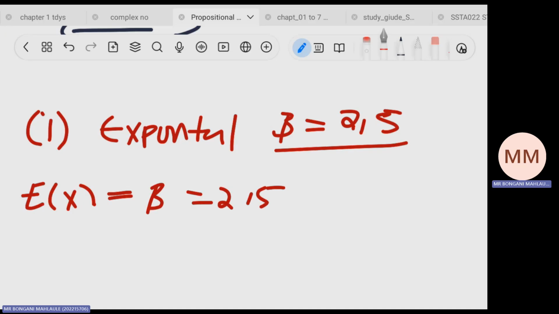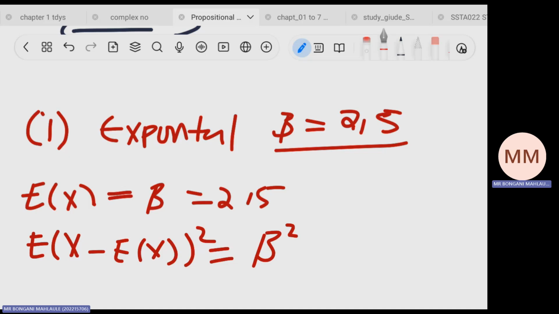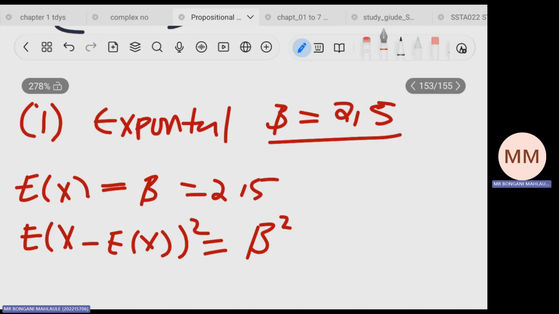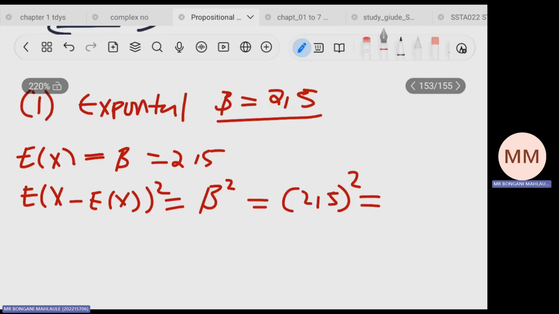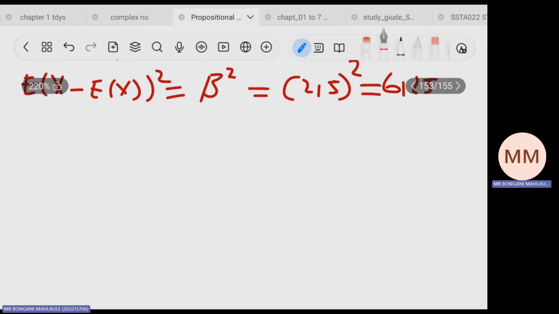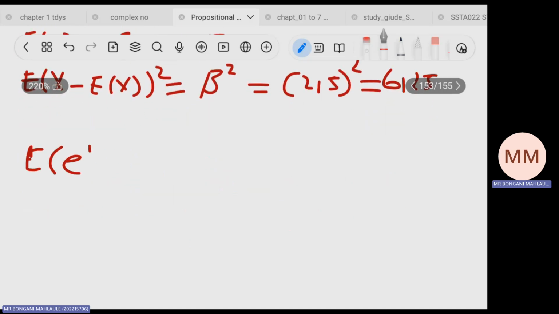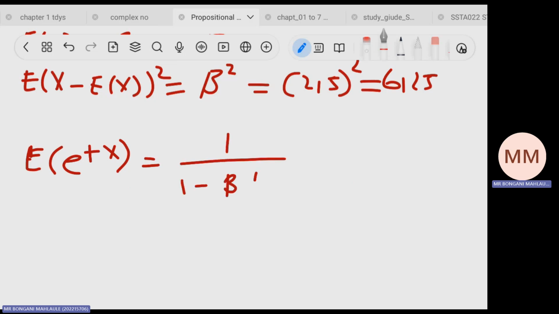In order to get the variance, it will be E[(X minus E(X)) squared]. It will be beta squared. So it's just 2.5 all squared. So you must know these properties. That is 6.25. Then the MGF, M_X(t), is 1 over 1 minus beta t.